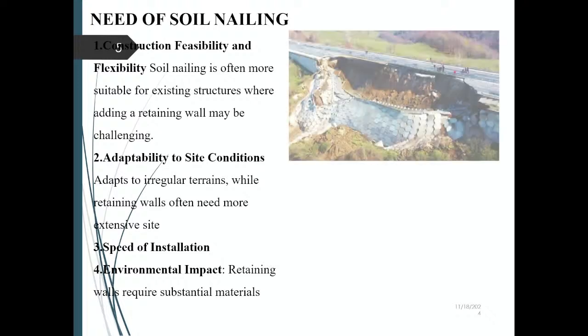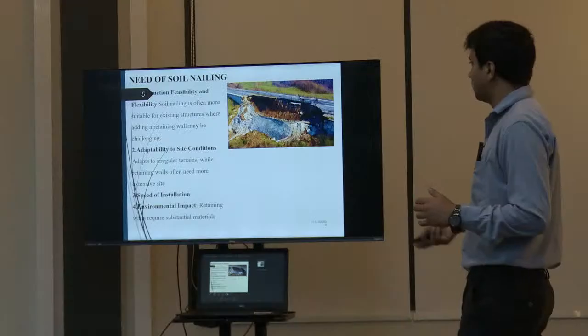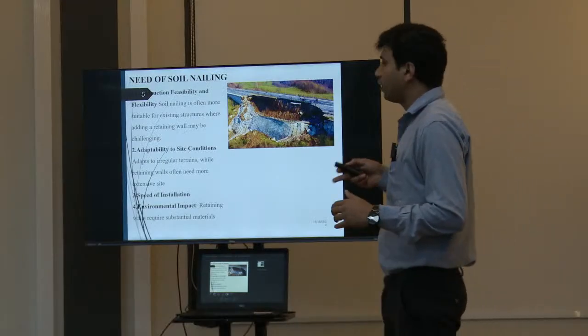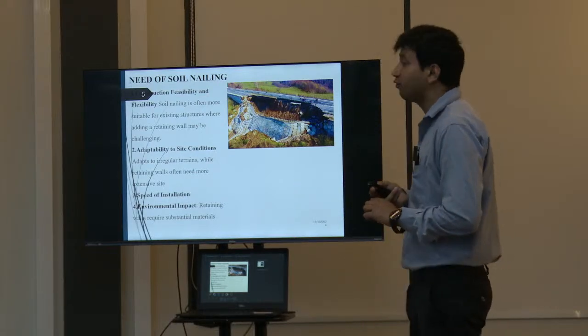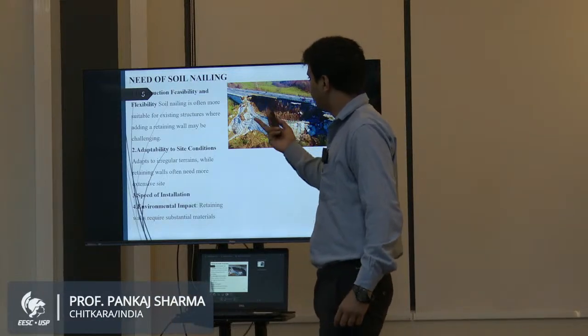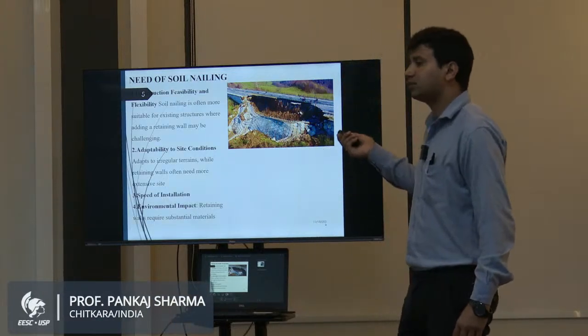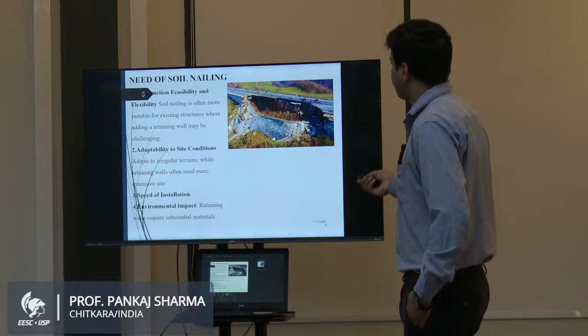So what is the need for soil nailing? For example, we have an existing structure already there, so we cannot construct a retaining wall at the bottom of that structure. In order to perform reinforcement on an existing structure, we use this technique, the soil nail, and it's very easy to install on an existing structure.